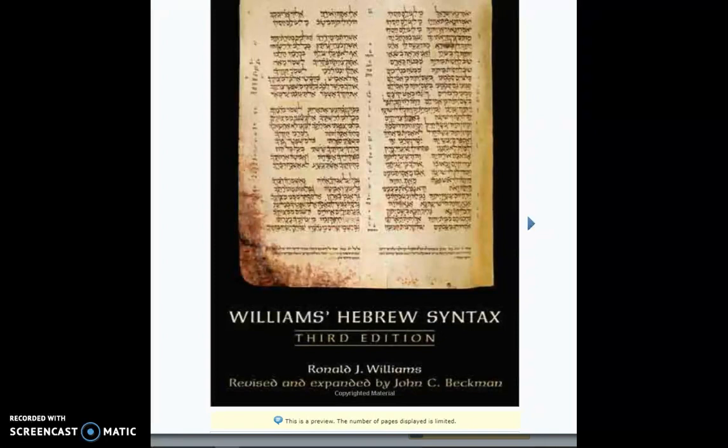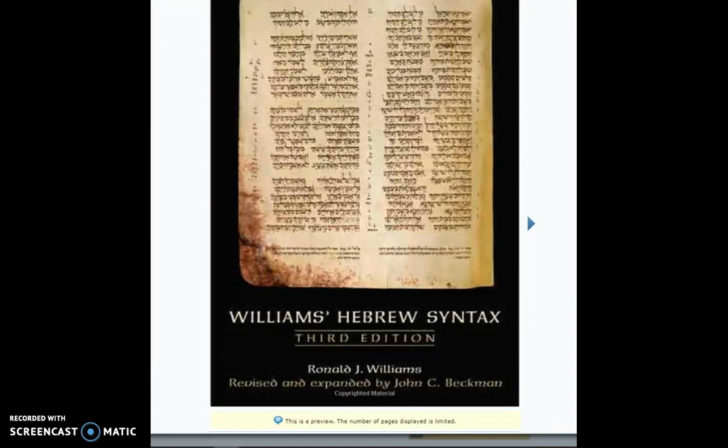Now, of course, this raises the question, when you have a word like ki, one of those very versatile particles, how does one figure out which meaning is best, and indeed which meanings are there? And I want to mention a useful tool, Williams's Hebrew Syntax, which would be worth actually owning.